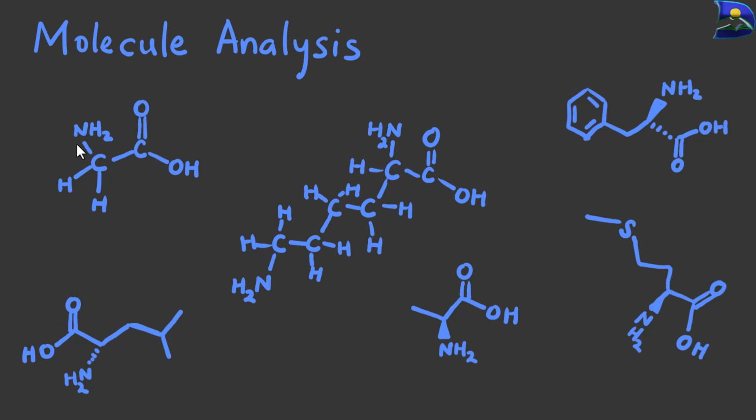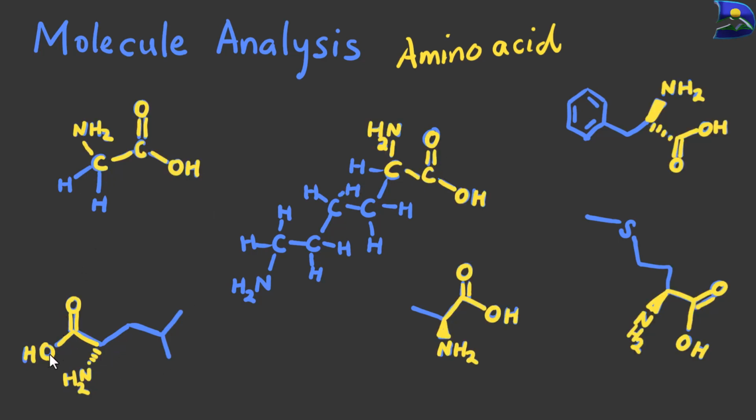What we see is that they are under the family of the amino acids, and these are known to be the building blocks for proteins. And since we notice that they are amino acids, structurally we see that they are identified based on this unique formation, which is common in all of these compounds highlighted in yellow.